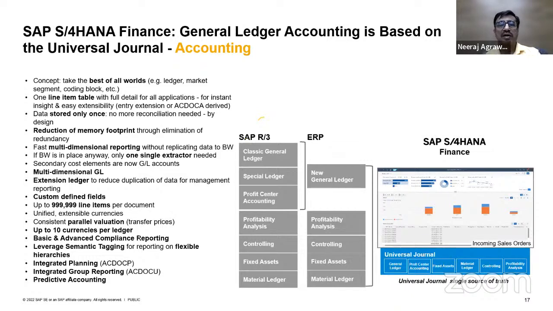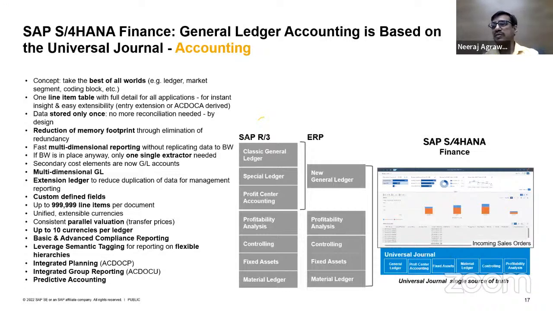But now your ledgers can work at a valuation level, and you can run your specific valuations at a ledger level, which makes your life much simpler, and you get real parallel valuations. And now you have 10 currencies per ledger, so that capability has also increased.